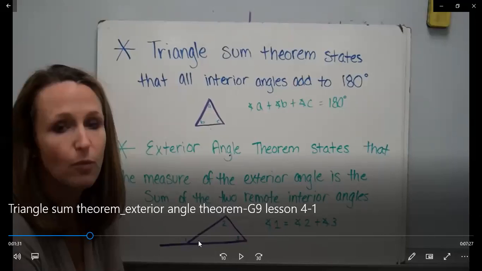The measure of the exterior angle is the sum of the two remote interior angles. And what is the remote interior angle? I can draw it here. We have a triangle.